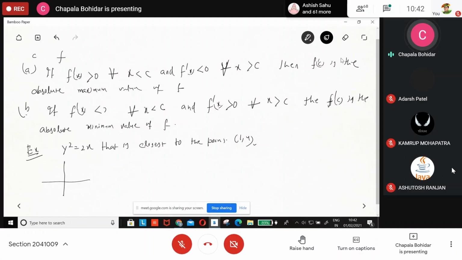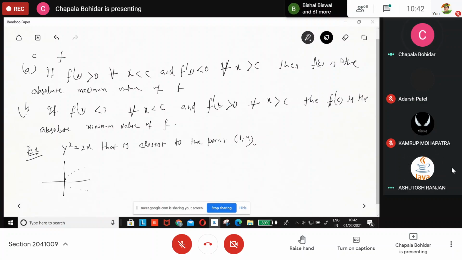Draw the figure here, if possible. So y square is equal to 2x is our parabola. Where does it lie? It lies in the first and second quadrant. So my parabola is like this.